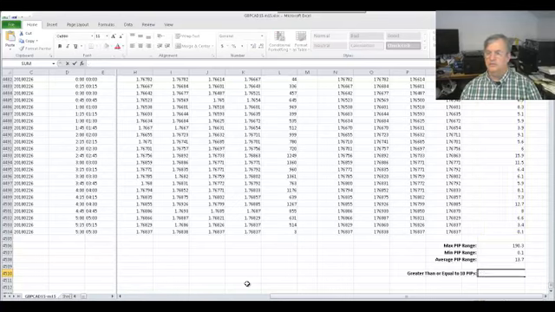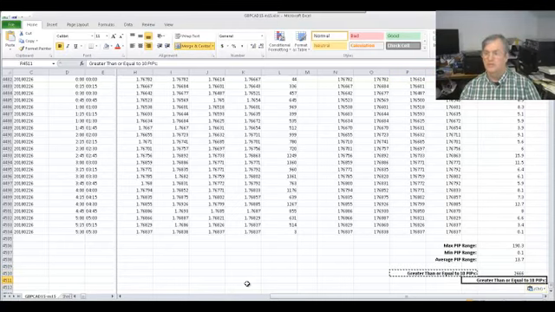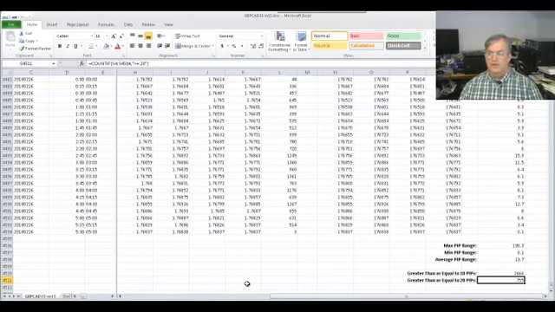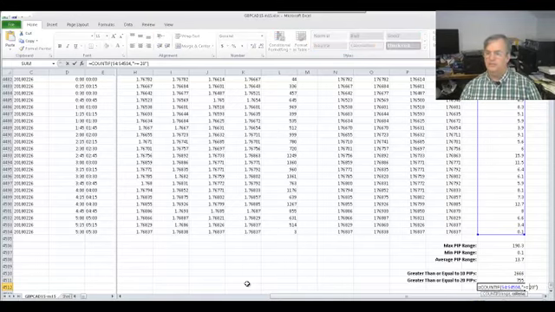So let's say 20 pips. That changes quite a bit. Out of these 4,500 candles, 755 are 20 pips or more. Let's, one more time, go to 30 pips.